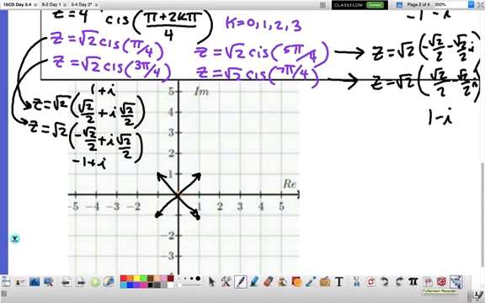Oh, those are just the vectors. Say it again. Well, pi over 4 and negative pi over 4. Correct. Let's see. 7 pi over 4.